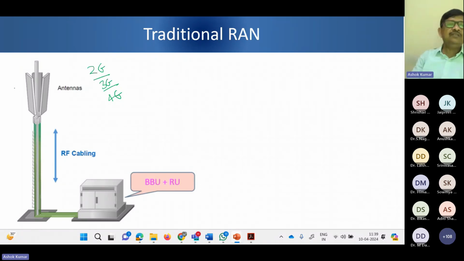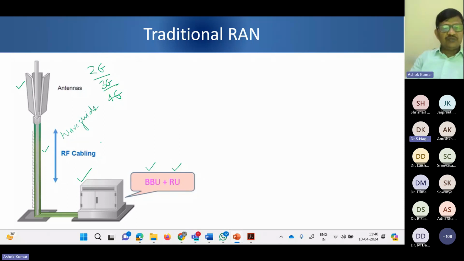On top of the tower we have the antenna, and below the tower, either in an air conditioned room or in an outdoor setting, we used to have a box called the baseband unit, which also had the radio unit part. So the antenna is on top, and the BBU and radio were at the bottom, either indoor or outdoor. The connectivity from the BBU to the antenna used to be through RF cable, waveguide, if you recall.